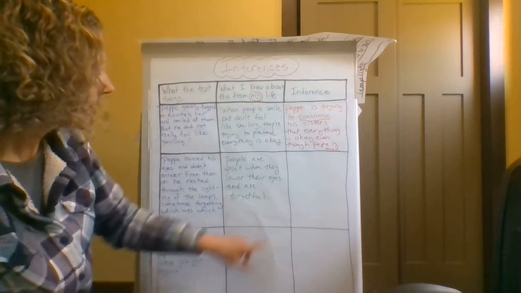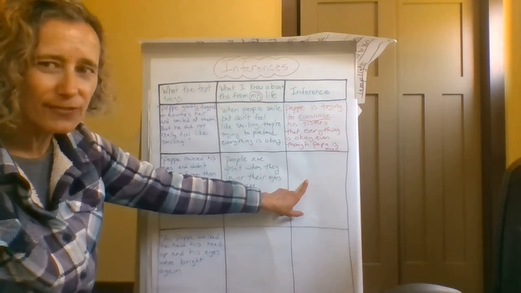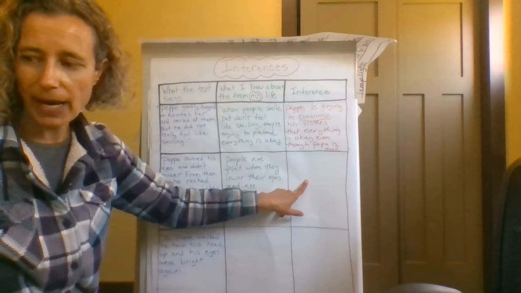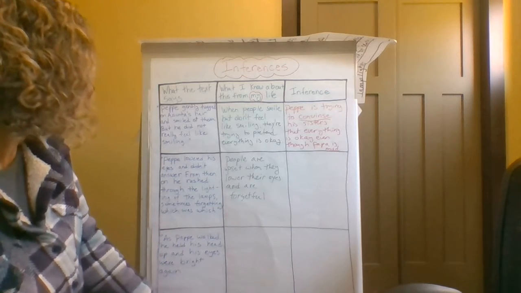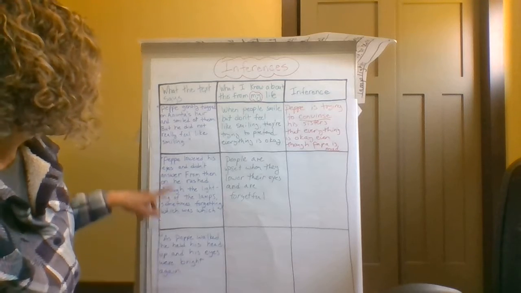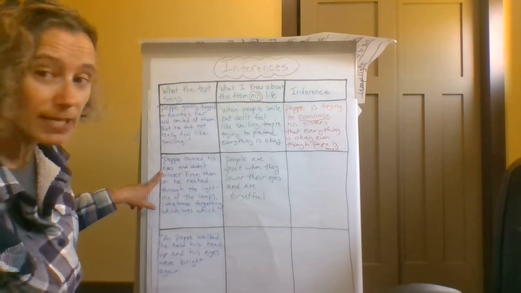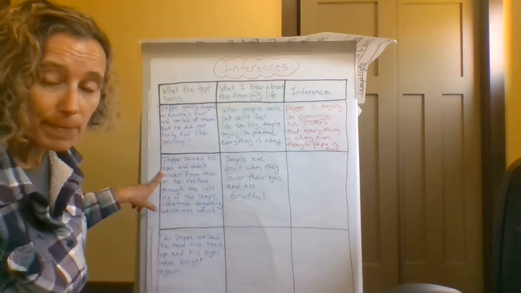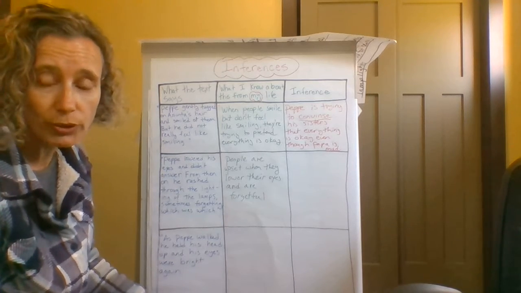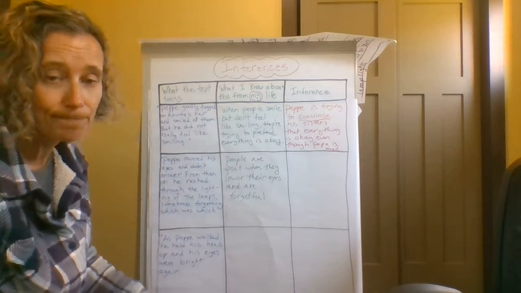Okay, readers, so then what kind of inference can we make about how Pepe is feeling? Well, Pepe must be upset because he's lowering his eyes, and I think he's upset because Poppa just told him that he's ashamed of him.